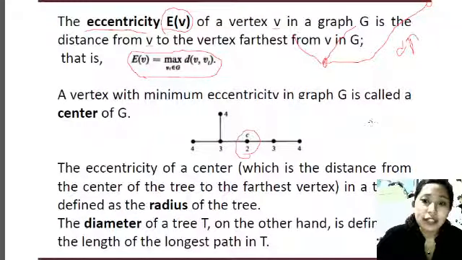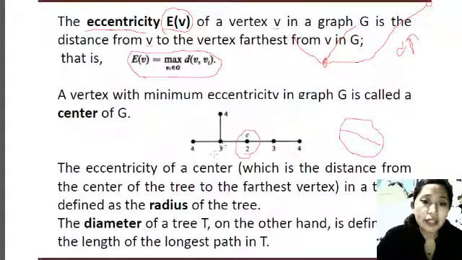So diameter, similar to that of a circle, is the entire distance from one end to the other end. To calculate the diameter, we need to find the maximum of the eccentricity of all the vertices, and that particular eccentricity value, which is the maximum, will be considered the diameter.